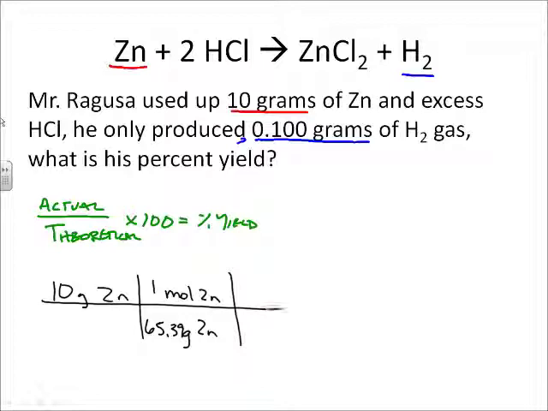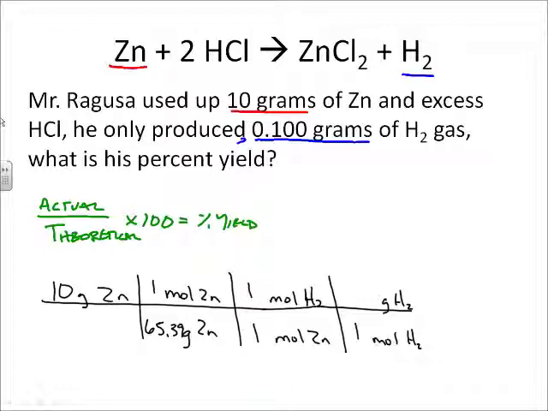So we don't stop there. Now we need to go from moles of zinc to moles of hydrogen gas. And this is our stoichiometry step. We need to use our mole ratios from our balanced equation. This happens to be 1 to 1. And then we're going to do another stoichiometry step, where I go from moles of hydrogen gas to grams of hydrogen gas.